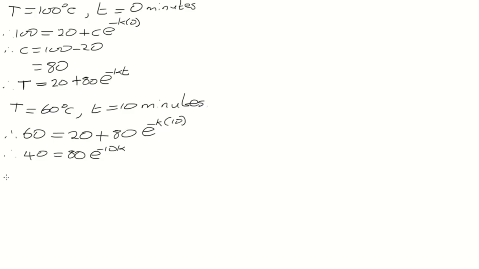How about we try to move faster? This is 40 over 80 equal to, then we have applied the log on the other side also, therefore get minus 10k. So from here, you can easily see that k is equal to 0.0693.